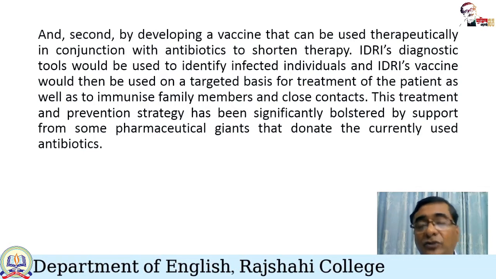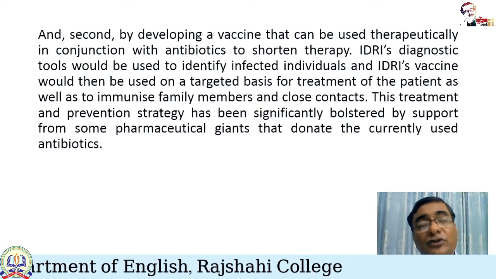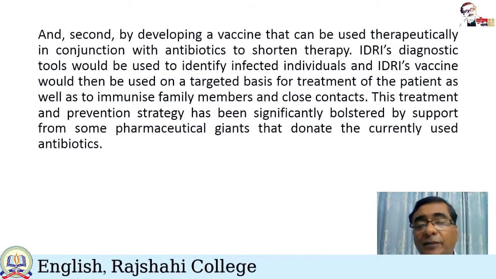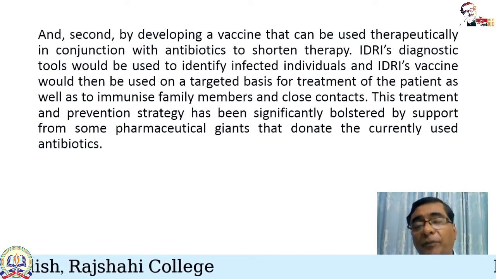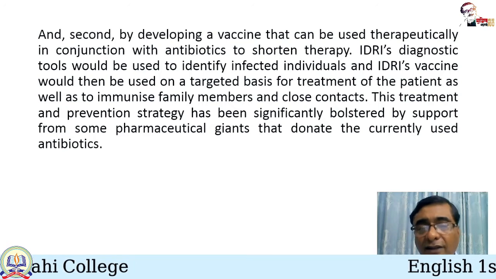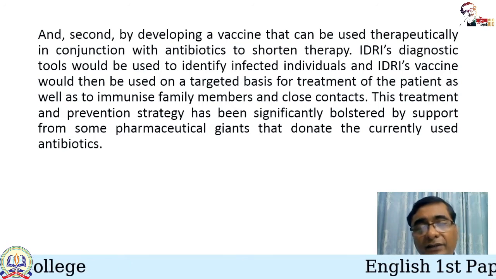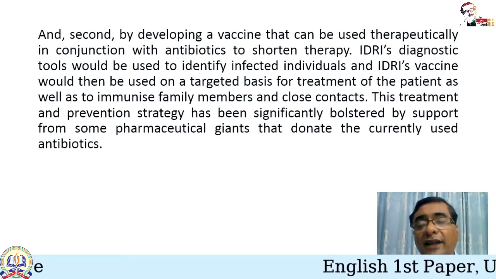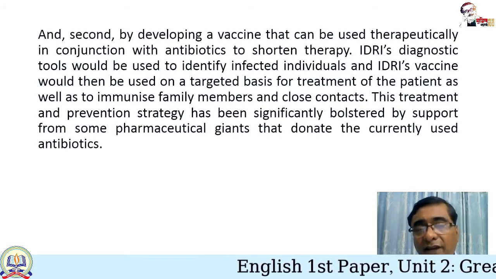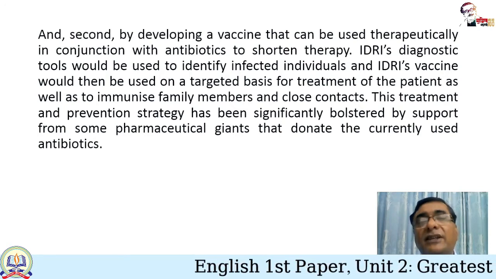And the person who has come into close contact with the victim or the infected person will also be immunized. So, I am repeating again, they are doing it in a very effective way because they are trying to identify the infected person, and once they find out the infected person, they start the treatment.